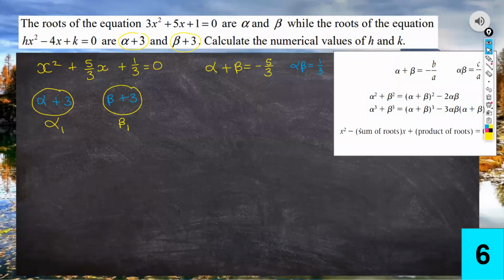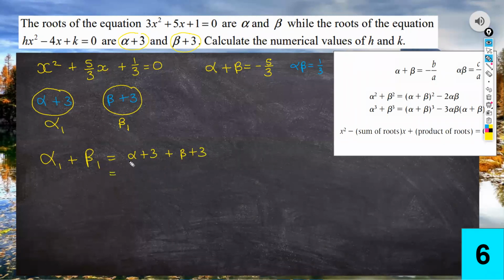To figure out who is touching the x in the new equation, we take alpha 1 and add it to beta 1, and whatever we get, we take the opposite of that. So we have alpha plus 3 plus beta plus 3.